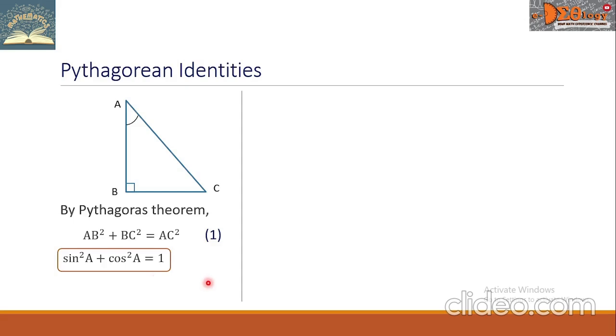Now let us derive the second Pythagorean identity. Let us divide equation 1 by the square of AB. So equation 1 becomes like this. When we simplify this equation, the first fraction here is cancelled out.